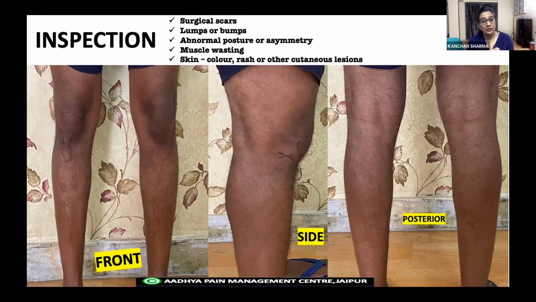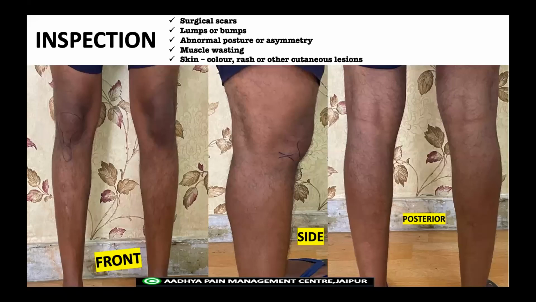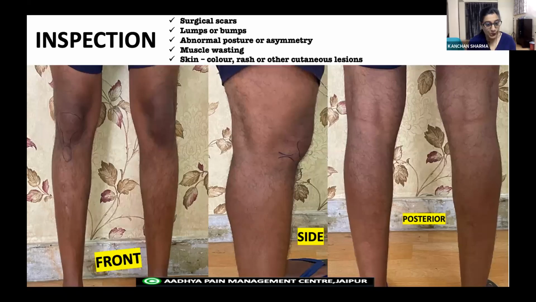Please mute yourself if you don't have any questions to ask, because that really distracts the class. So if the patient gives you a history of locking, think of a meniscus pathology. So briefly, you can just club the symptoms and you can just think of a clinical diagnosis, which you will be confirming with your examination and finally with your ultrasound.